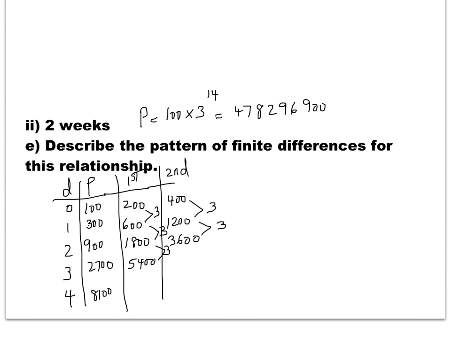You can see that the ratios all end up to be the same. Even the ratio of the p-values here, if you look, they are all 3. So this obviously represents an exponential function.